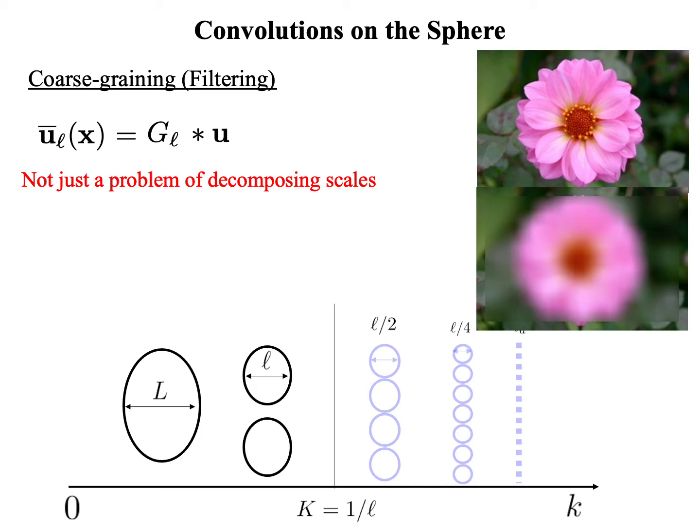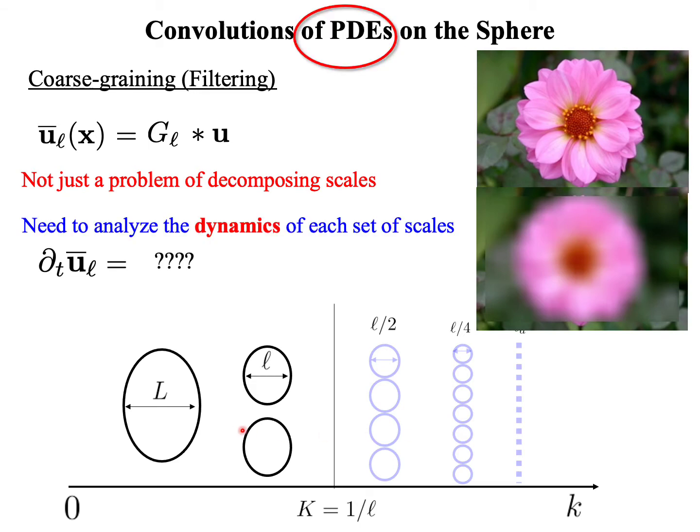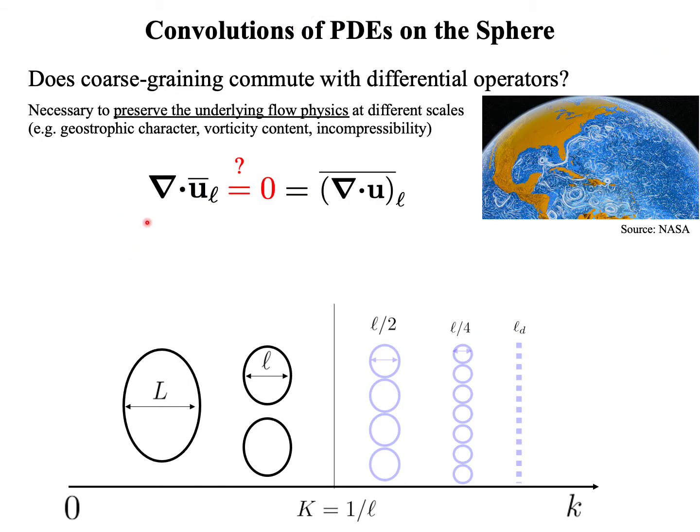That's not enough for me because I want to coarse-grain the dynamics, not just flowers. So I want to apply it to the partial differential equation. There are difficulties with doing so. Namely, I need to make sure that this operation commutes with spatial derivatives. Why is that important?